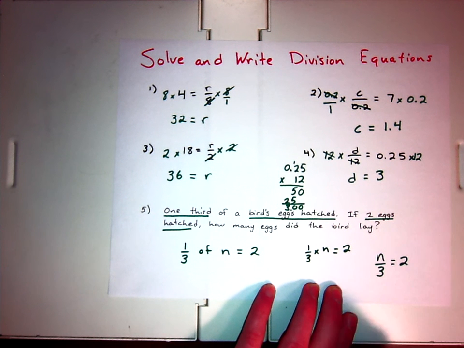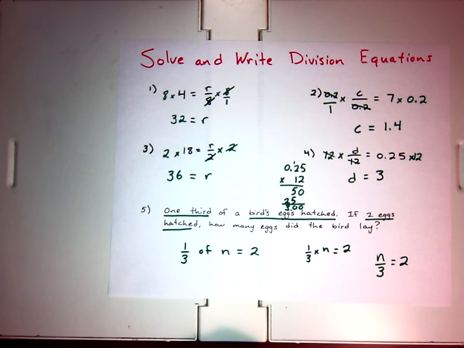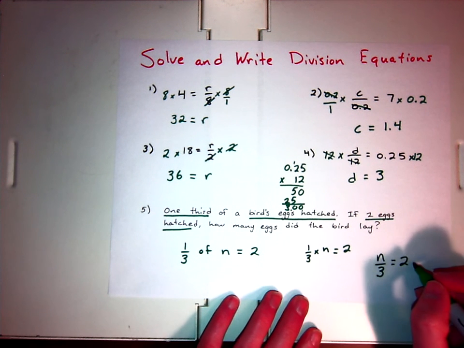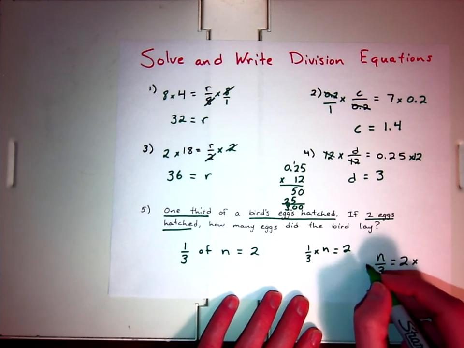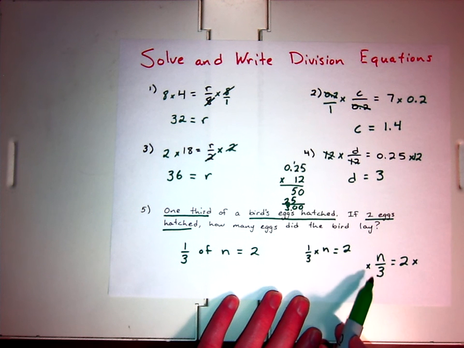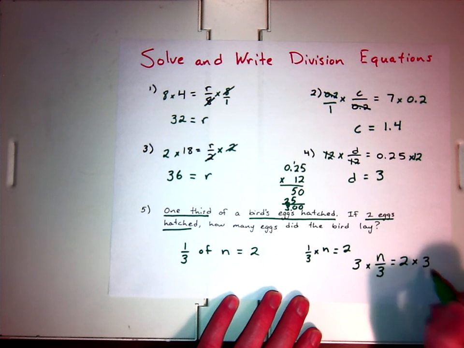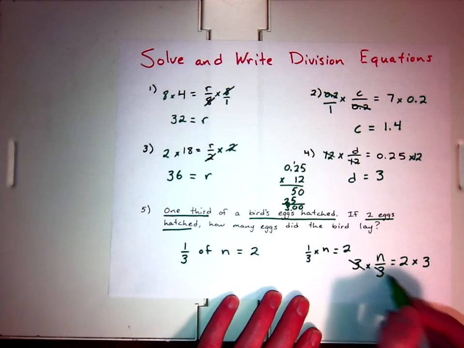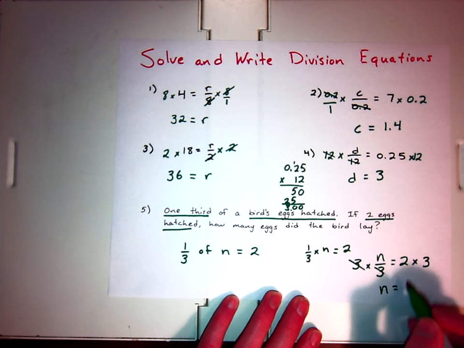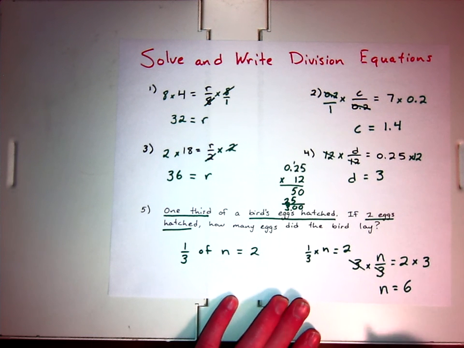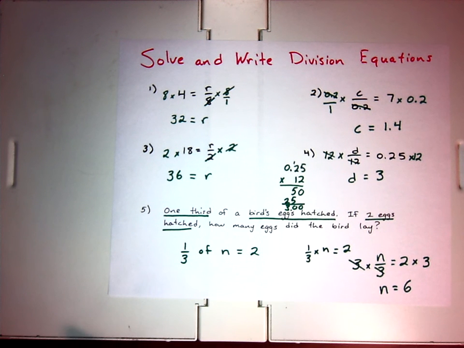And that would get us to a problem like we've been working with. So I would multiply both sides by, well, what's happening to n? N is being divided by 3. So I'm going to multiply both sides by 3. That will cancel out. N equals 2 times 3 is 6. So the number of eggs that the bird laid is equal to 6.